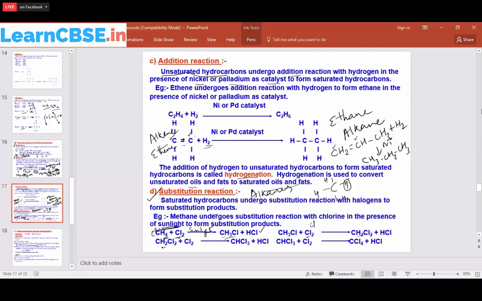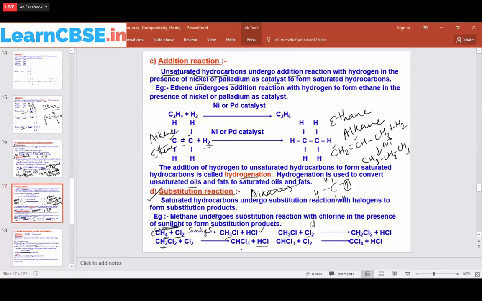Here there are two hydrogen atoms present, so one hydrogen is replaced with one chlorine atom. So it becomes CHCl3, and one hydrogen and one chlorine form the HCl. There are three chlorine atoms present in this compound.